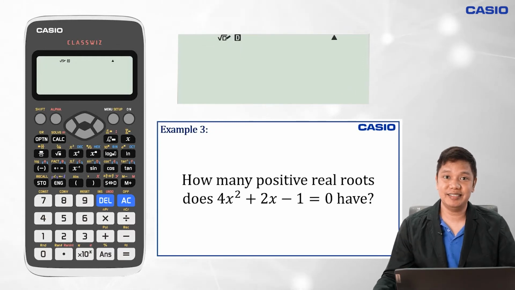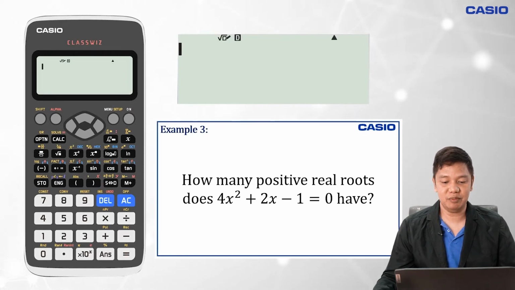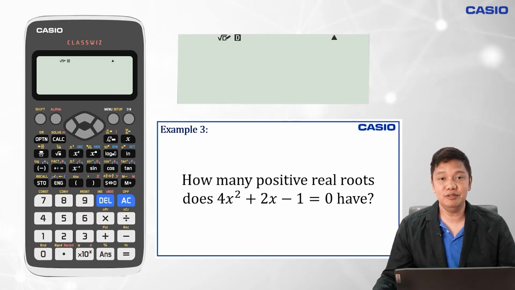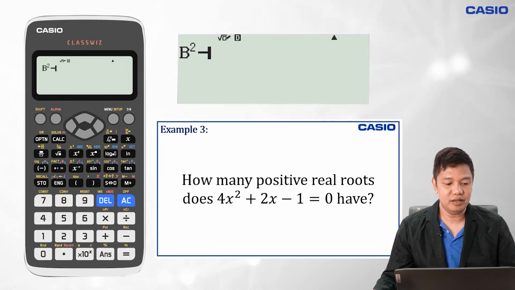Let us consider example number 3. In this example, we are asked to determine how many positive roots 4x squared plus 2x minus 1 equal to 0 has. Again, we need to determine the value of the discriminant so we can say the characteristics of the roots. So we need to press alpha and then the degree minute second and then squared, minus 4 times alpha and then the negative sign for a, alpha and then the inverse key for c.